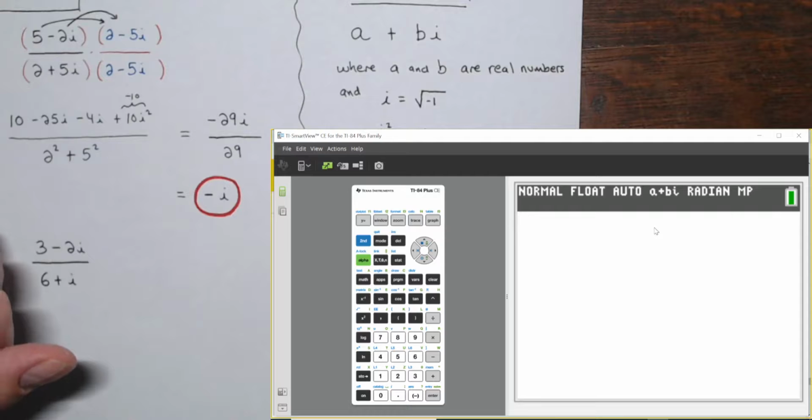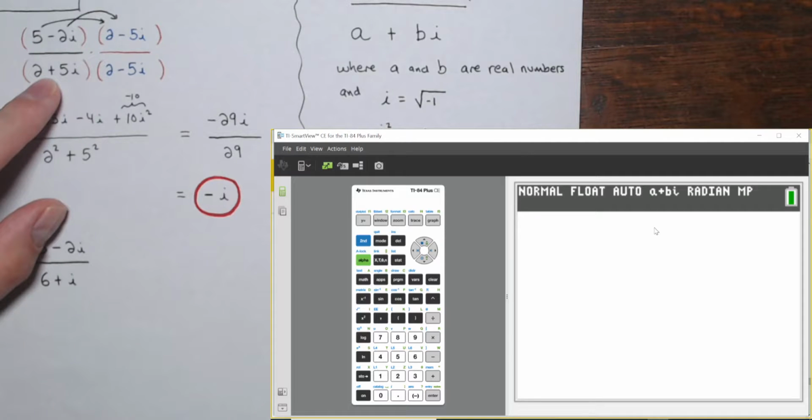It gives it in this a plus bi form. Alright, so I'm going to enter the initial expression we were given. Right, so I'm in parentheses, because the numerator and denominator have multiple terms, I'm going to put them in parentheses. Numerator was 5 minus 2i, right, and the i is above the decimal point, and I have to hit second here. So there's 5 minus 2i divided by, and then in parentheses, 2 plus 5i.